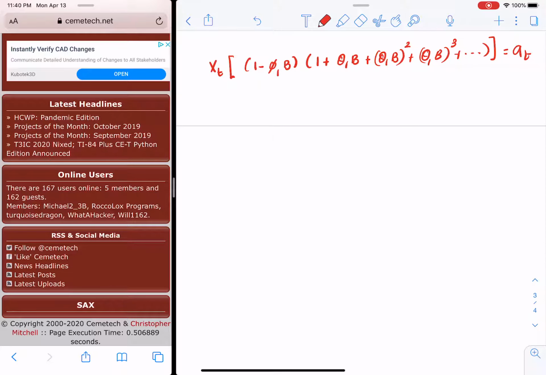Now I'm going to FOIL. I don't want to skip a step here: 1 plus theta1 B plus theta1 squared B squared, theta1 cubed B cubed, and so on.